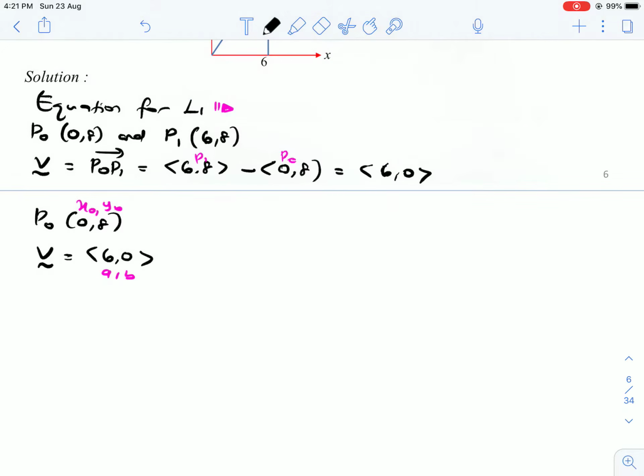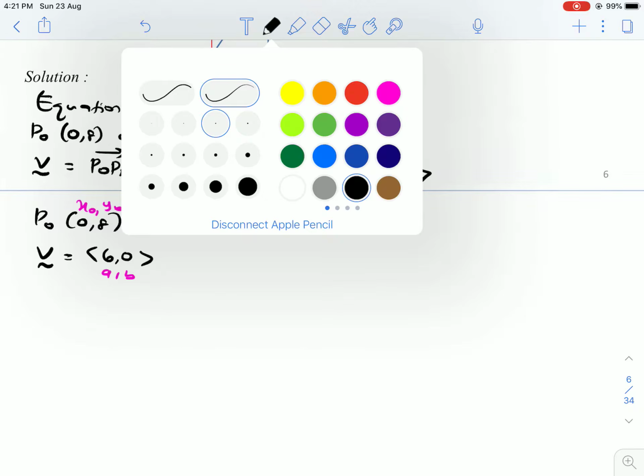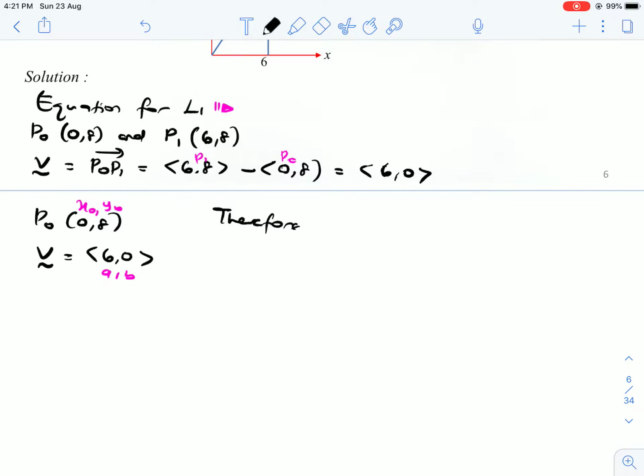Therefore, the parametric equation of line L1 is x equals x0 plus At, so 0 plus 6t, so 6t, and then y equals 8 plus 0t, so 8.